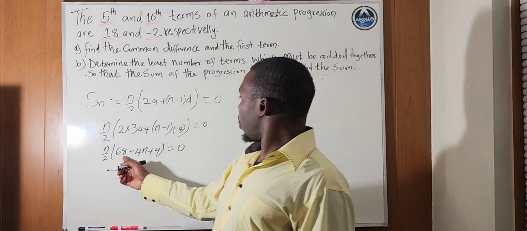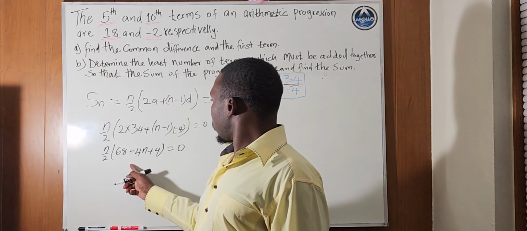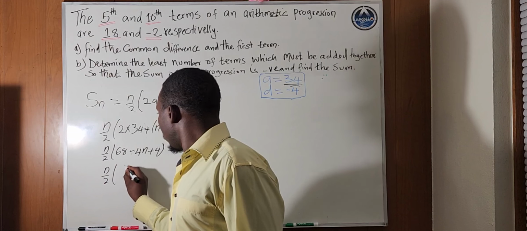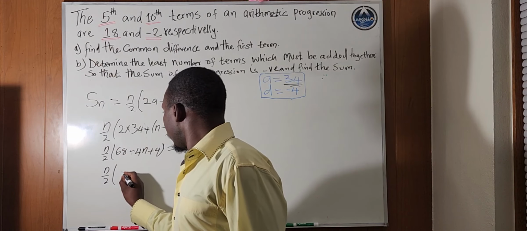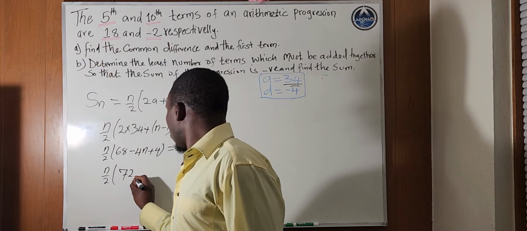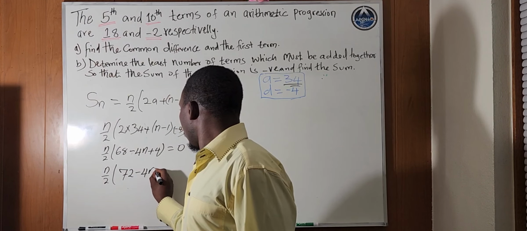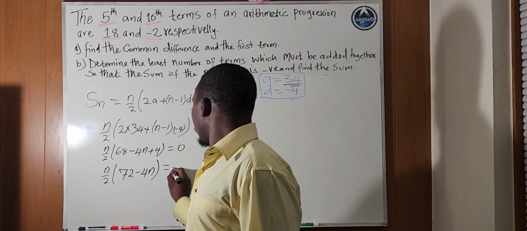If we take the like terms together, we'll have n over 2 into 72 minus 4n equals 0.